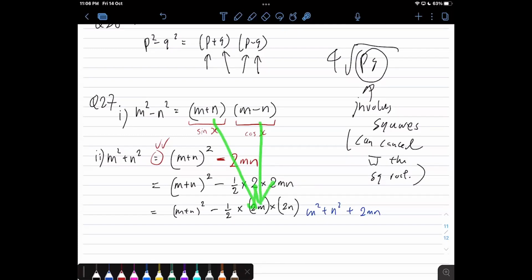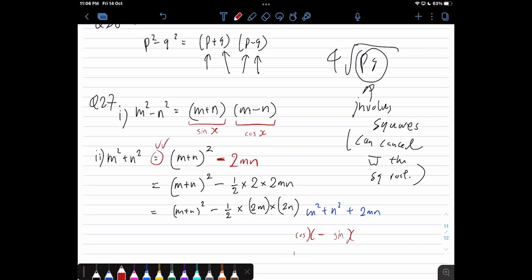Sine x minus cosine x, or you mean cosine x minus sine x? Wait, no. What am I saying?